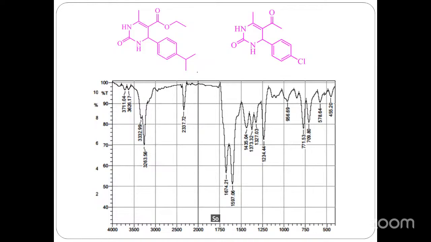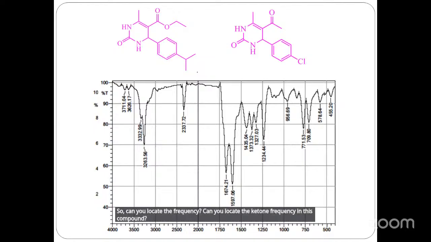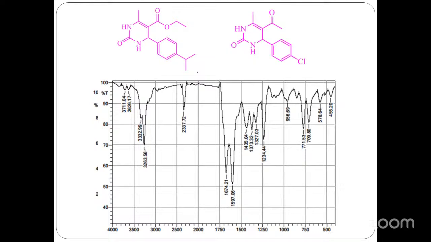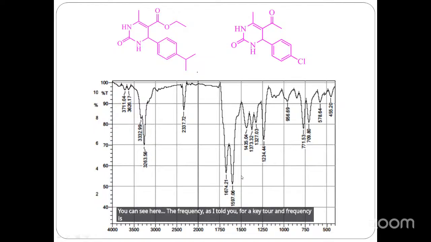So can you locate the ketone frequency in this compound? Yes, you can easily see it here. As I told you, for a ketone the frequency is close to 1700.